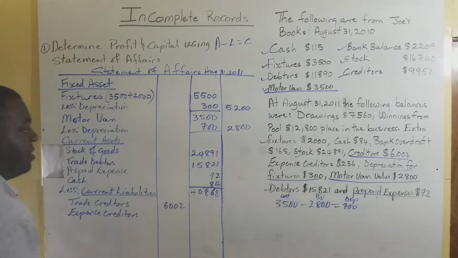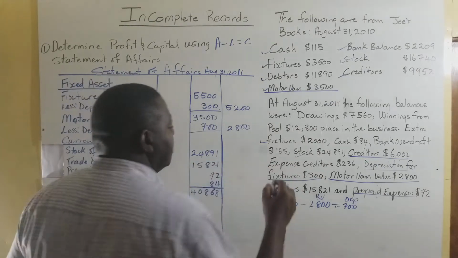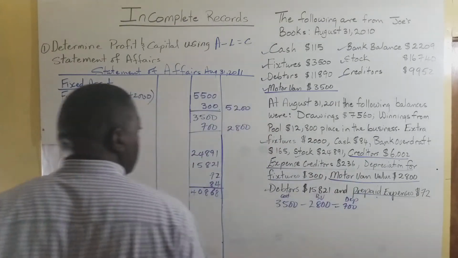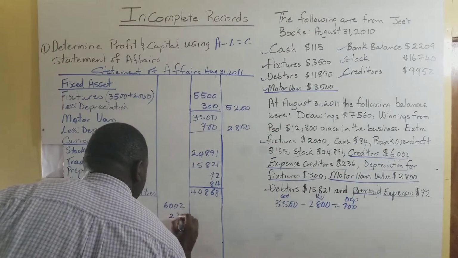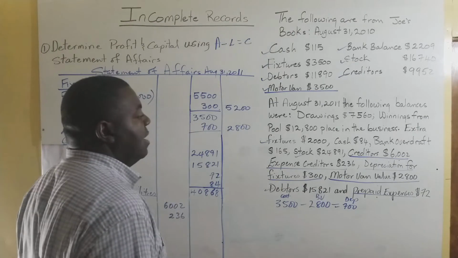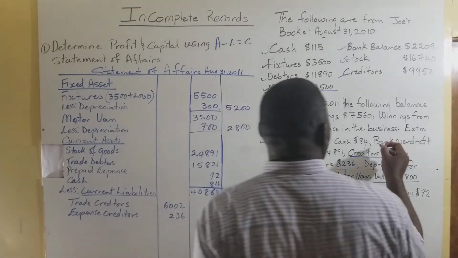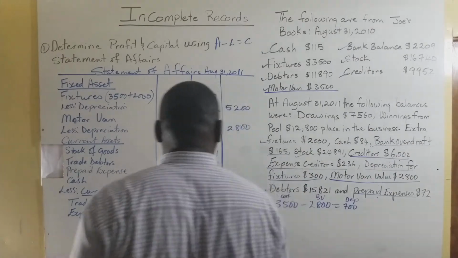Our expense creditor right here is 236. All right, and we also have bank overdraft, which is 165.